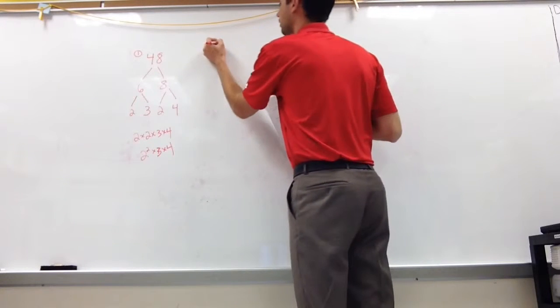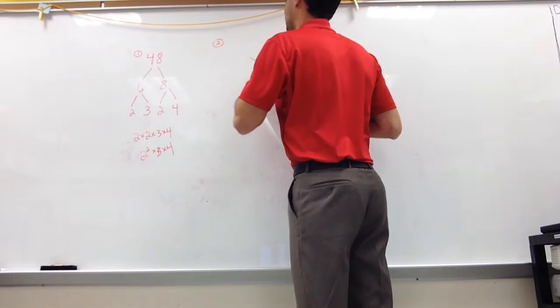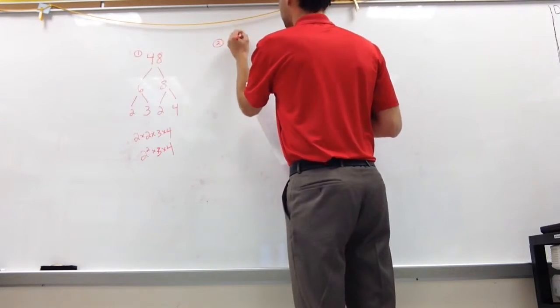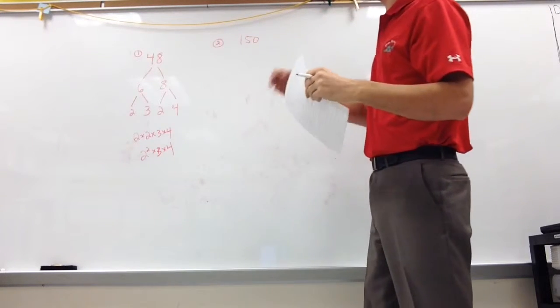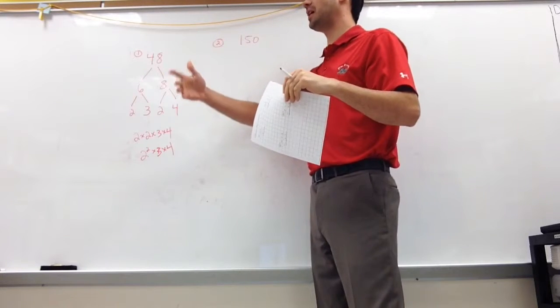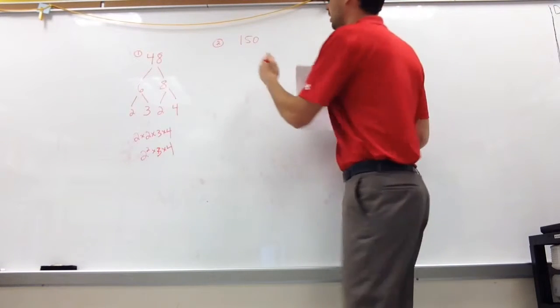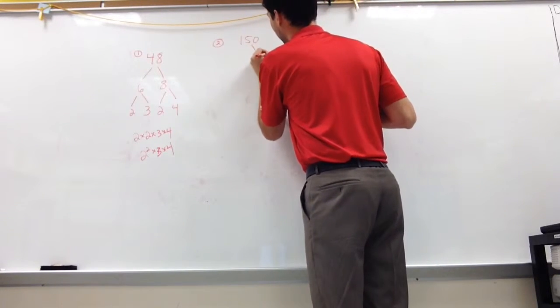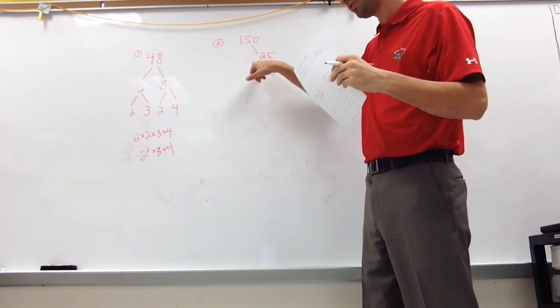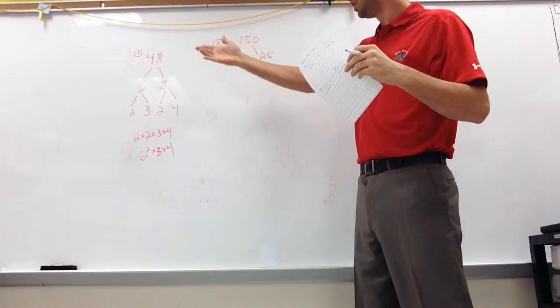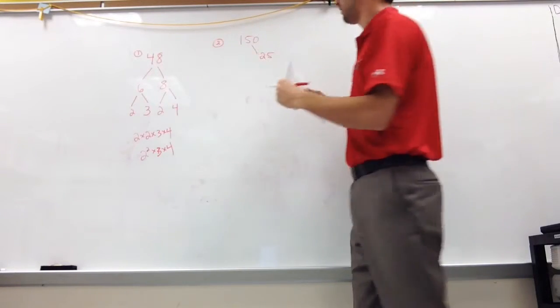So, number 2, 150. And for this one, when I see 25, 50, 75, I think quarters. So I'm going to use 25, and I know 4 quarters is 100 or a dollar. 6 is 125, so 7.